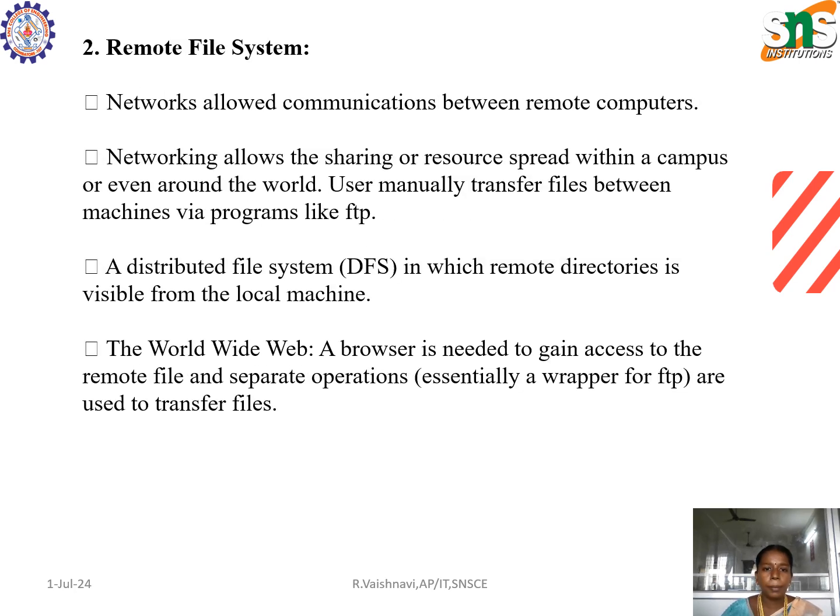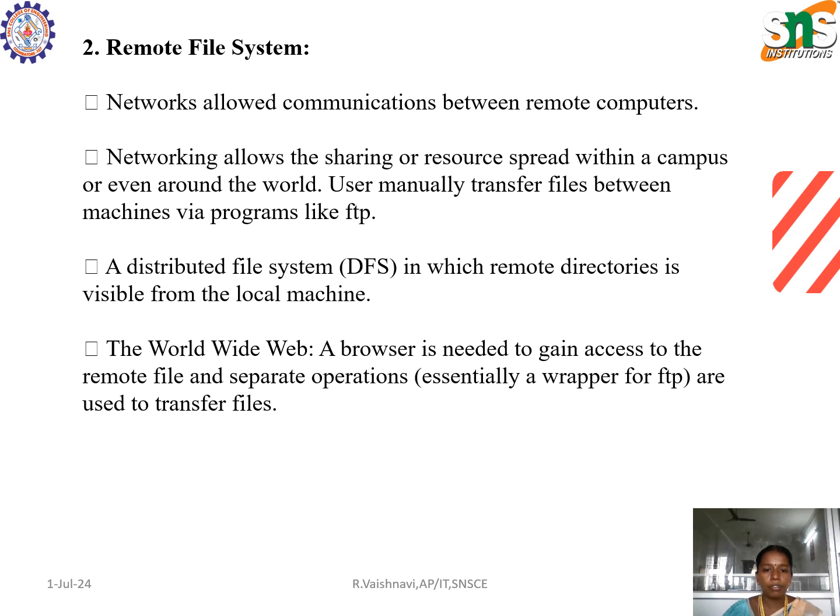Second one is remote file systems, that is, networks allow communication between remote computers. Networking allows the sharing of resources spread within a campus or even around the world. The user manually transfers files between machines via programs like FTP.